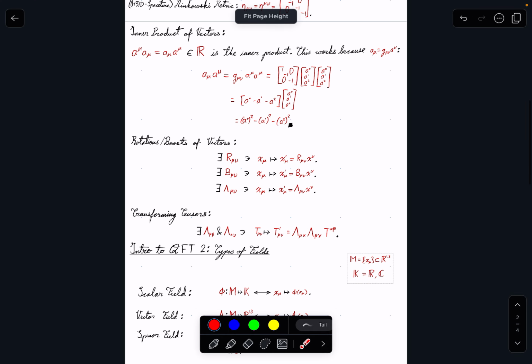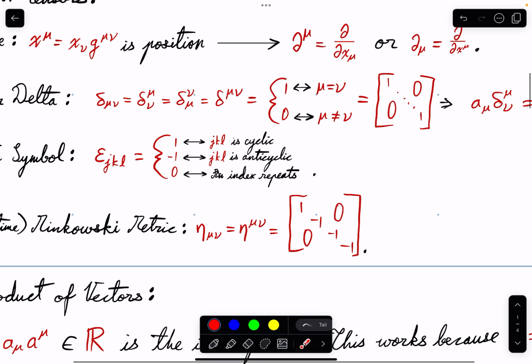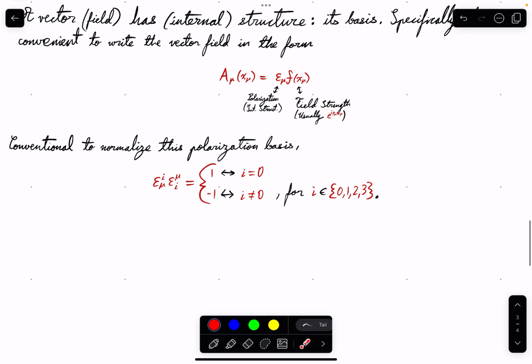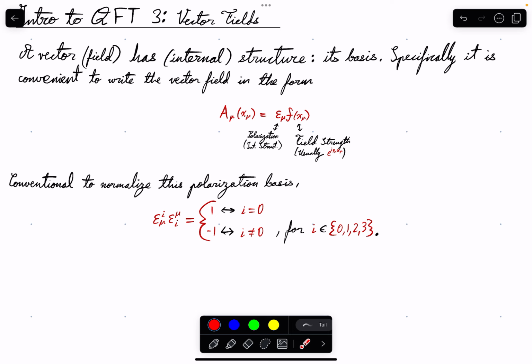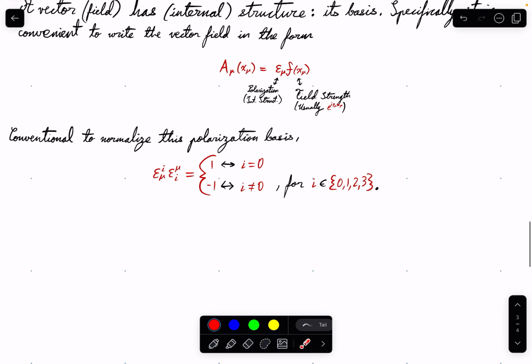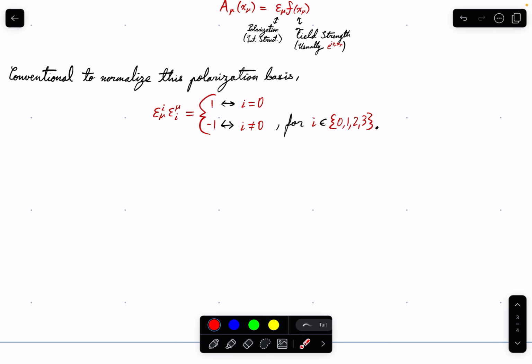If you remember from way back when, the Minkowski metric is this matrix right here. It's either 0 or 1 or -1. But this basis right here satisfies exactly the same thing. But for some reason, the notation for the polarization is slightly different, where you denote the vector epsilon mu, but then you have the indices here. I'm not quite sure, but it looks like it's just traditional.